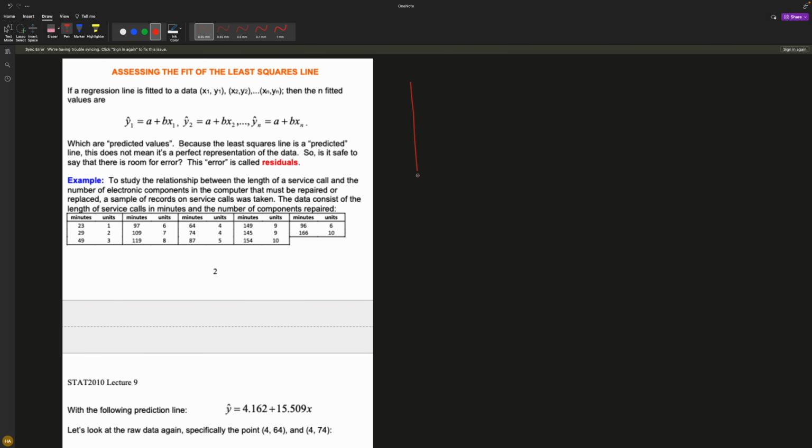So if this was my graph, and I have points, right? So if it was something like this, and I drew the line of best fit, and let's just assume it goes straight into the middle, actually, it just goes between, right? It doesn't exist past the data or before the data.